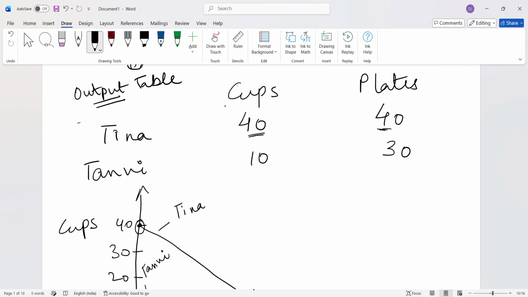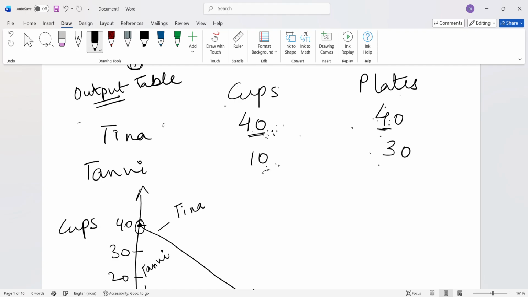But Tanvi produces only 10 cups and 30 plates. If you compare these numbers for cups, Tina has the upper hand, she is more efficient, and for plates, Tina has the upper hand, she is more efficient. So Tina has an absolute advantage in the production of both goods. Since Tina is able to produce more units with the same resources, Tina is more efficient, and that is why Tina has an absolute advantage in the production of both goods.